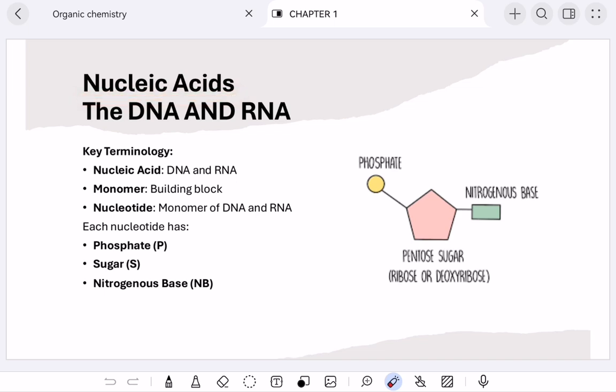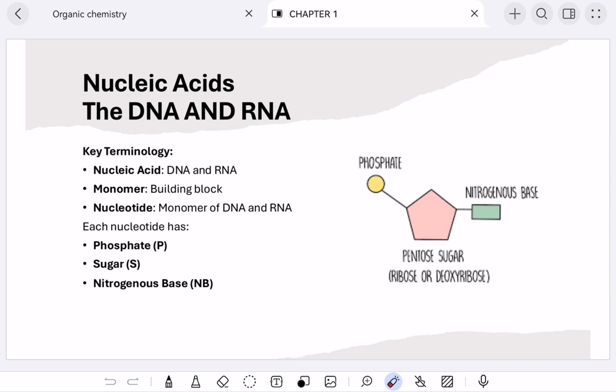Each and every time they are talking about nucleic acids, they are referring to DNA and RNA. So you ask, what is a nucleic acid? I promise to make biology easy for you guys. So to answer that question, what is a nucleic acid?